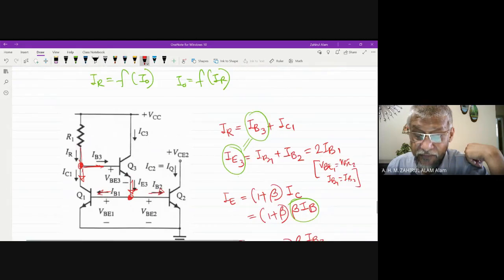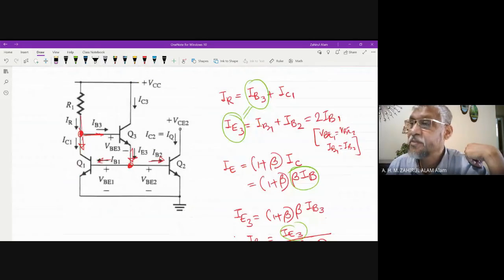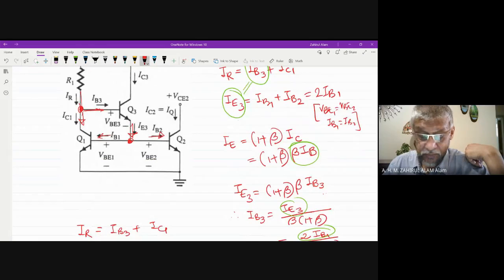Can you identify, brother? 1 plus beta, 1 plus beta. Check.